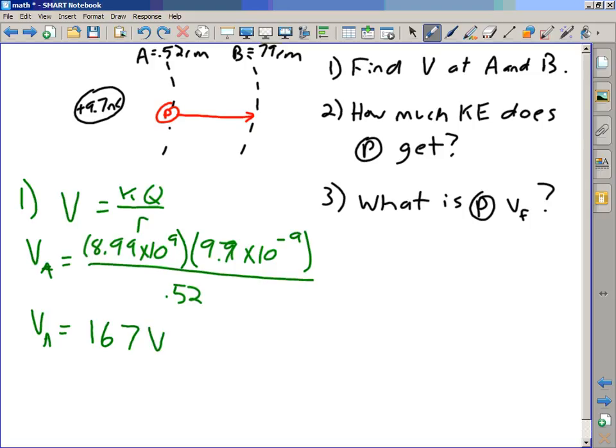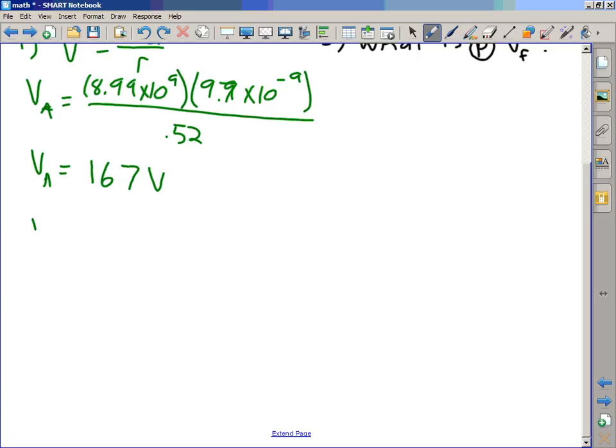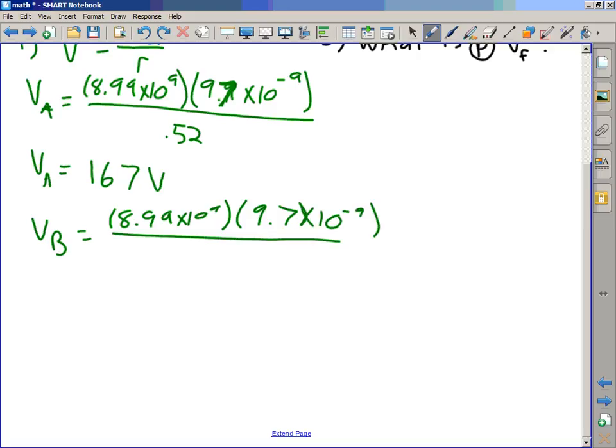167 volts. If I was rounding for sig figs right here, what would it have to be? Yeah, 170. Units, volts. Now, VB, you repeat the exact same process. VB equals 8.99 times 10 to the 9th, times 9.7 times 10 to the negative 9th, because nano, all divided by the distance, which was 79 centimeters, 0.79.